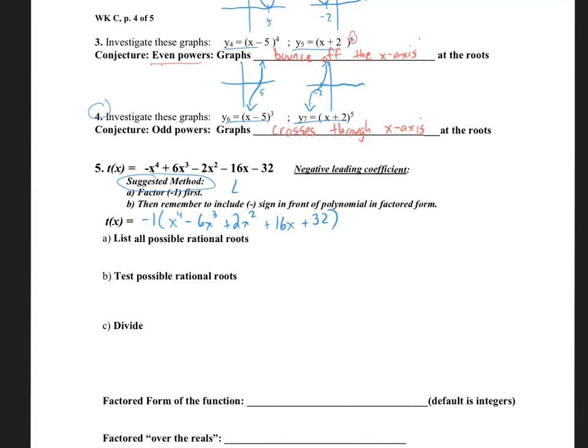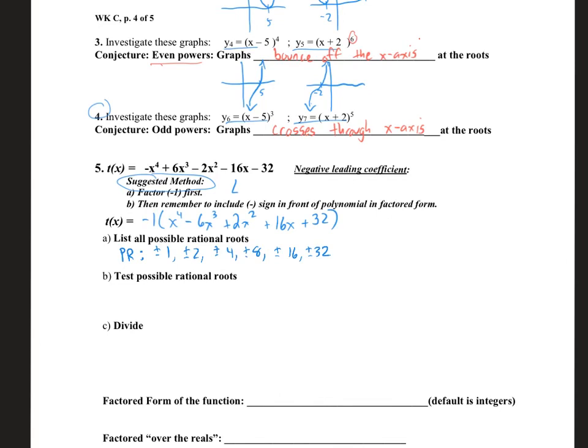So let's list our possible rational roots, our PRs. Those come from the factors of 32. So a whole bunch here. And we test until we find one that makes the function equal to 0. Okay, we find a root first.